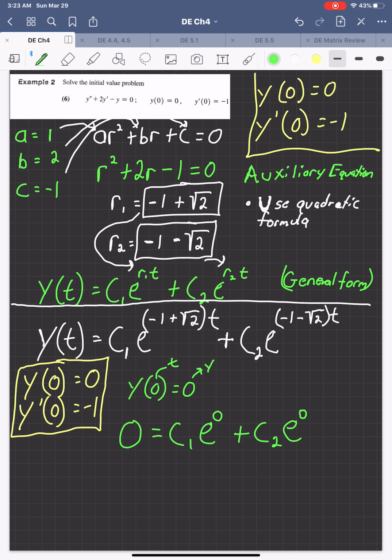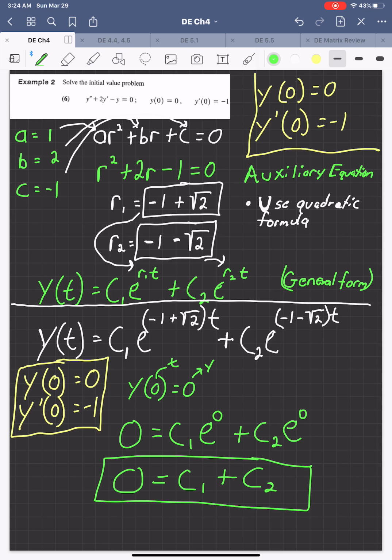Now, e to the power of 0 is simply 1, so here's the first equation that's going to be in our system. So we have c sub 1 times 1 is just c sub 1 plus c sub 2 times 1 is just c sub 2. So I'm going to go ahead and box that in.